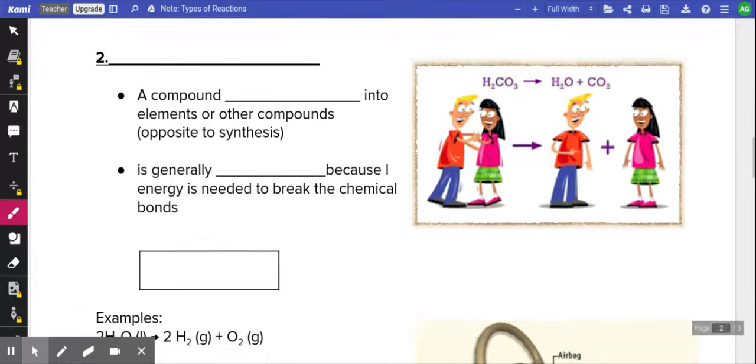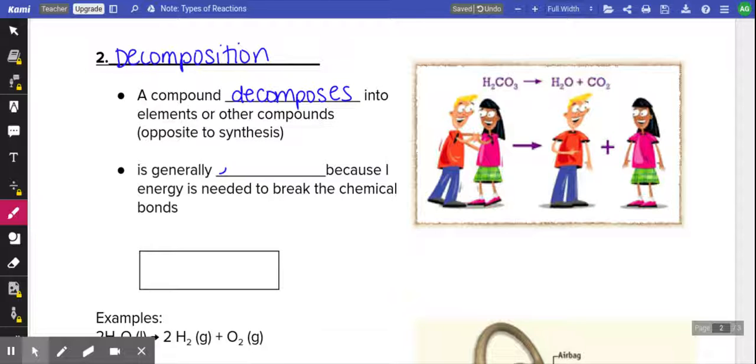Another type of reaction that we learn about is called decomposition. A compound decomposes into its essential elements, or compounds in some cases. This is essentially just the opposite of synthesis reactions.